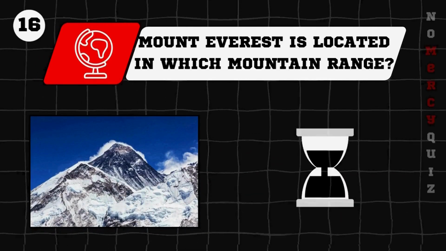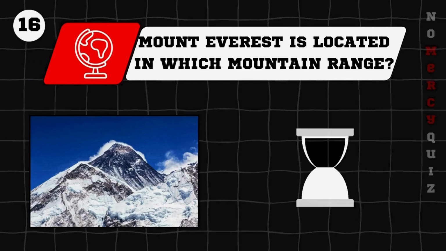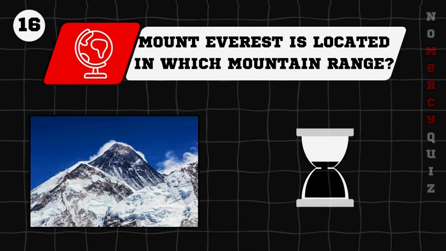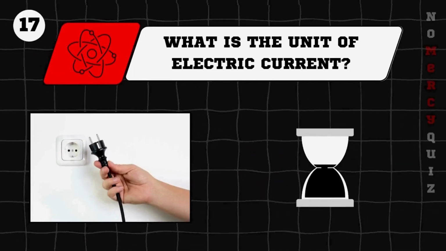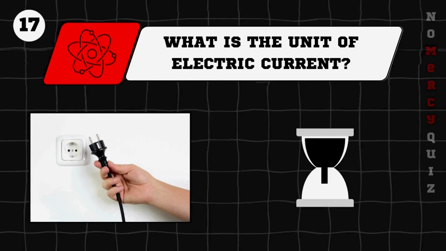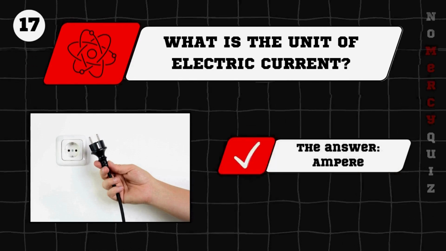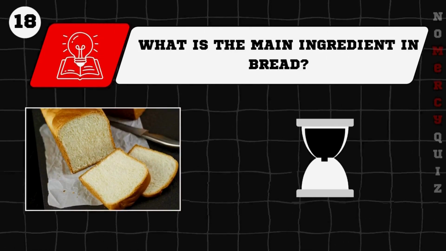Mount Everest is located in which mountain range? In the Himalayas. What is the unit of electric current? It is ampere. What is the main ingredient in bread?